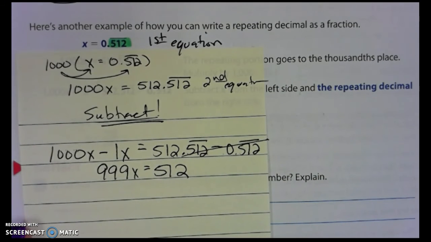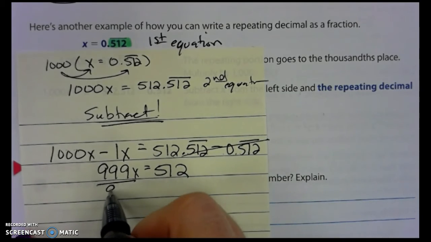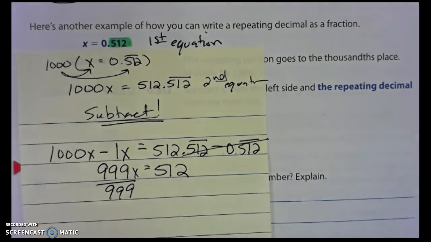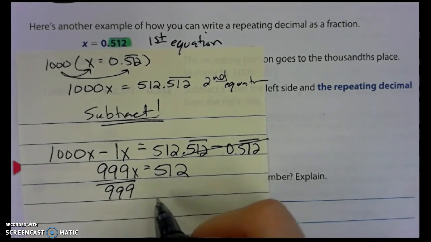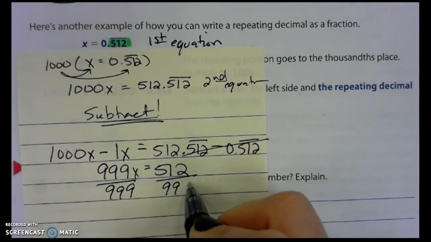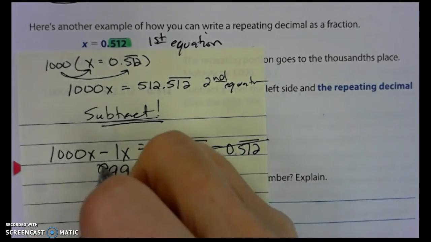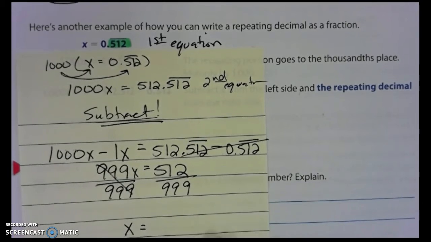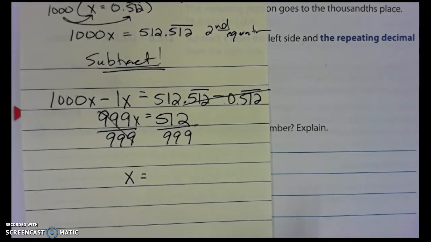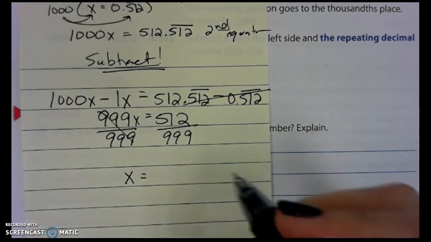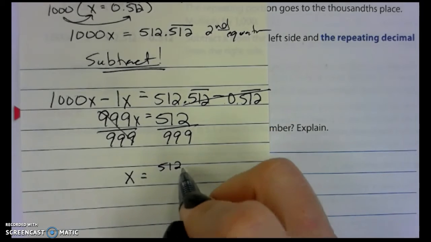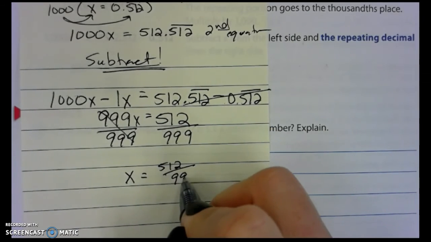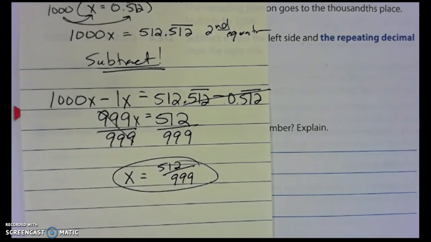Now we're just going to solve for x, and we're going to divide both sides by 999. That leaves us with x equals 512 over 999. It will not repeat, so that is just the answer. 512 over 999. And that's it.